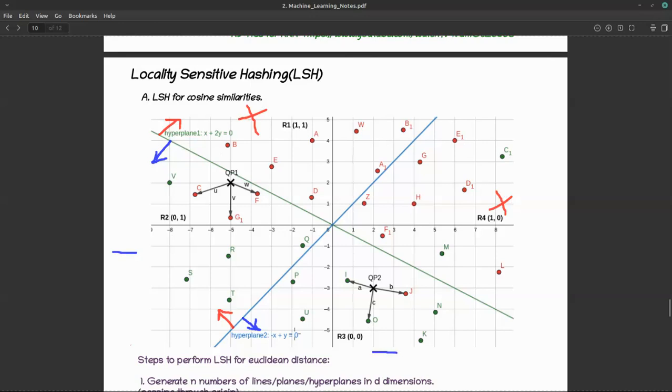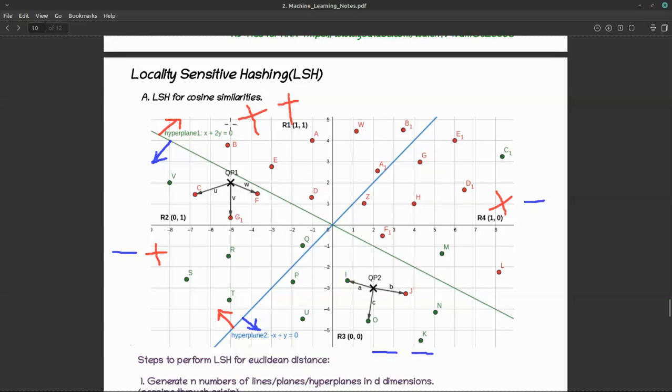If I talk about hyperplane 2, all of this would be positive, and on this blue side would be negative. So that's why I am saying plus equal to 1 and minus equal to 0. You can say 1 and minus 1 also. There is no problem. You can encode it the way you like.